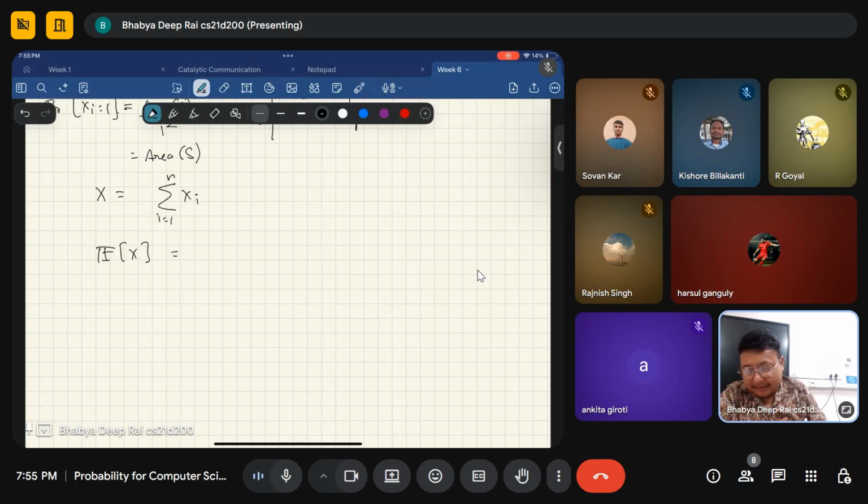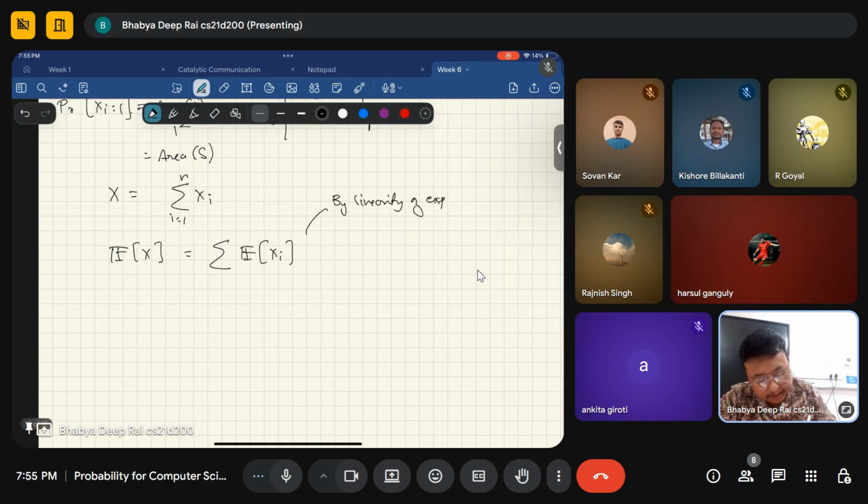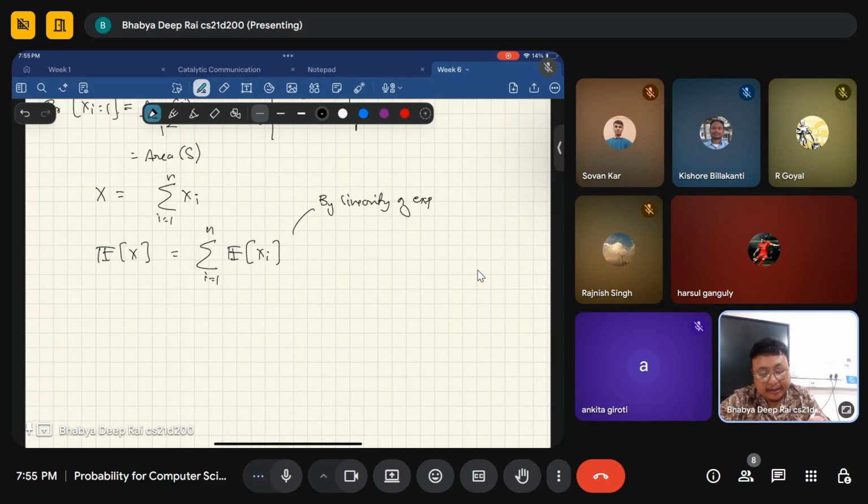The expectation is anyway going to distribute. By linearity of expectation, I have the summation of the expectation of all xi's, i equals 1 to n.